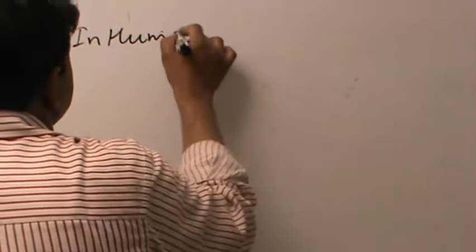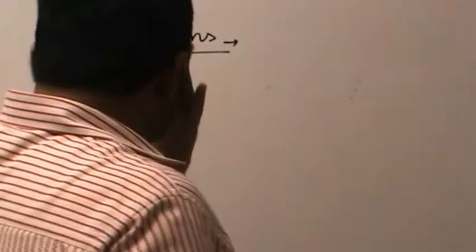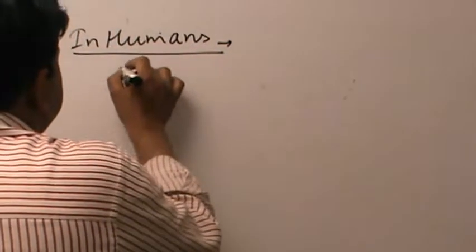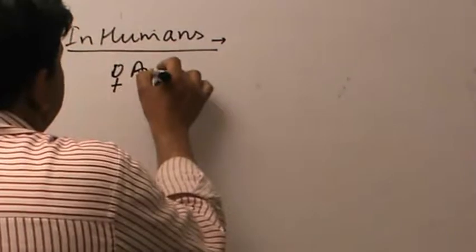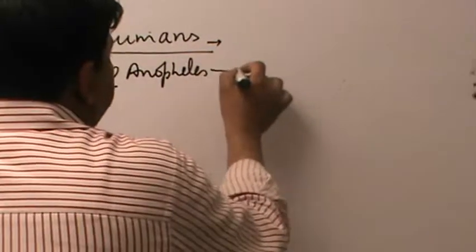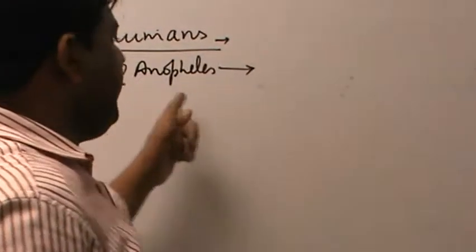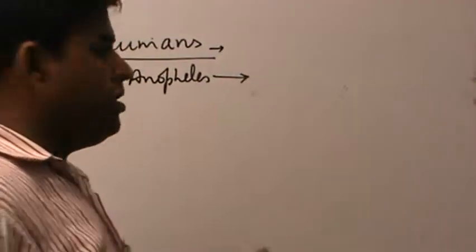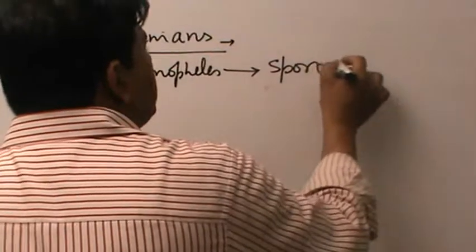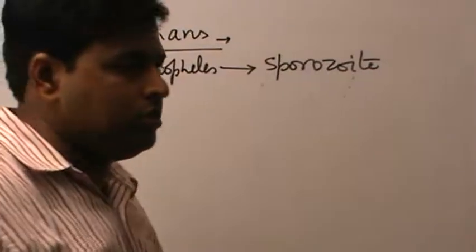When a female Anopheles mosquito bites a human, and if it contains the sporozoite stage, it inoculates the sporozoites into the human.